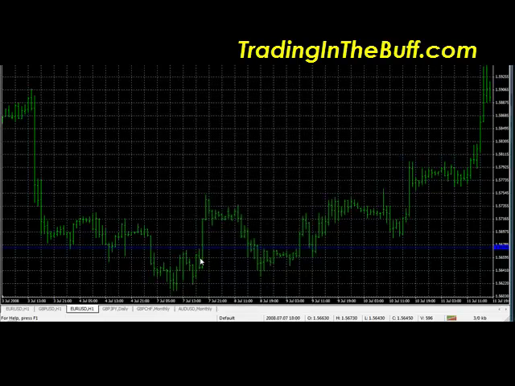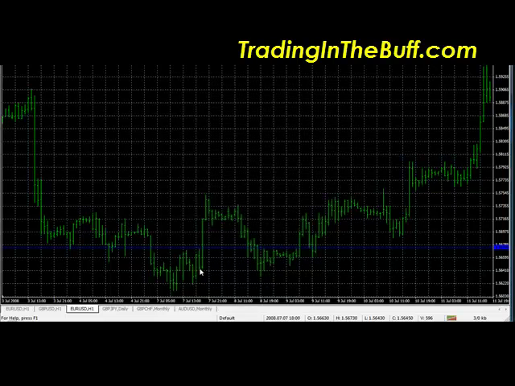So for this example, we had an entry of, let's say, 156.79 for argument's sake. And our low is 156.43, excuse me. So let's say we put our imaginary stop loss 1 pip below the low of bar number 1. So that would make it 156.42. We entered at 156.79.